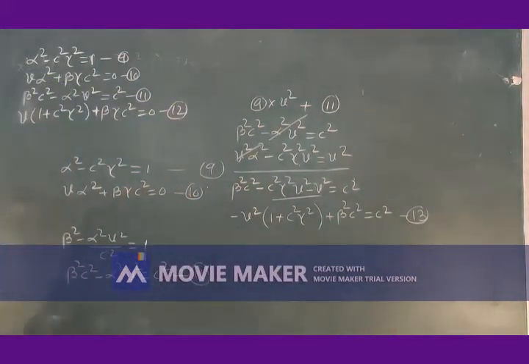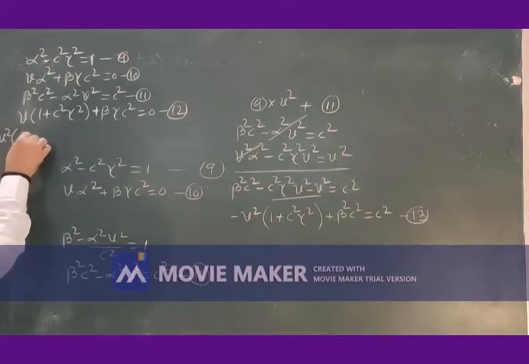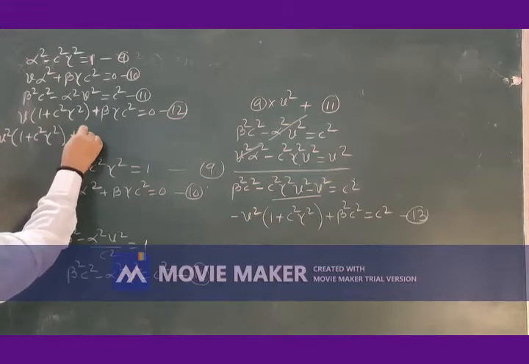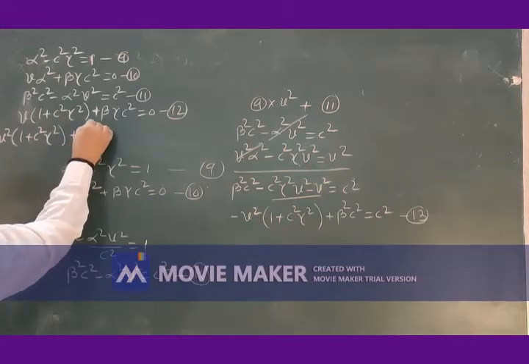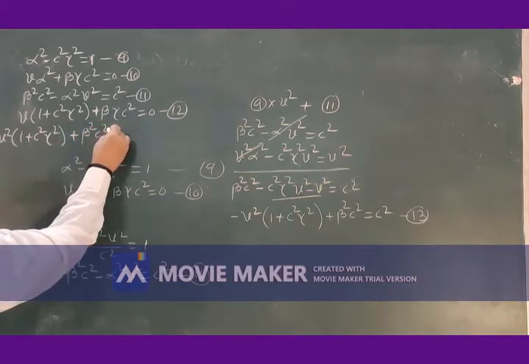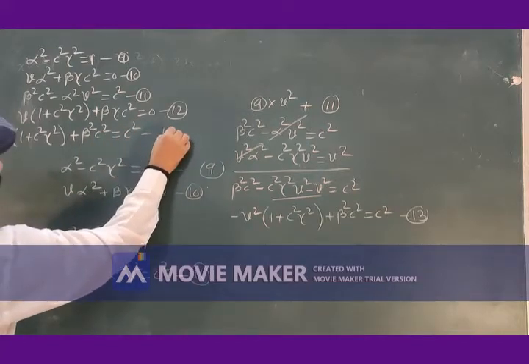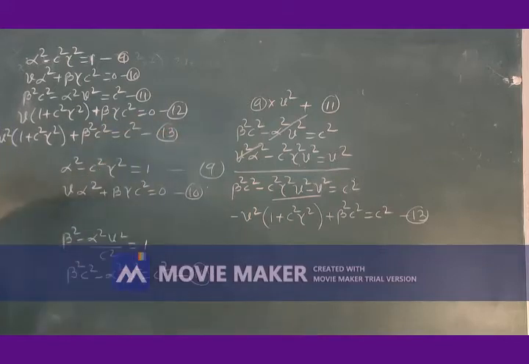And let me put this equation here: minus v square into 1 plus c square gamma square plus beta square c square is equal to c square, equation number 13.